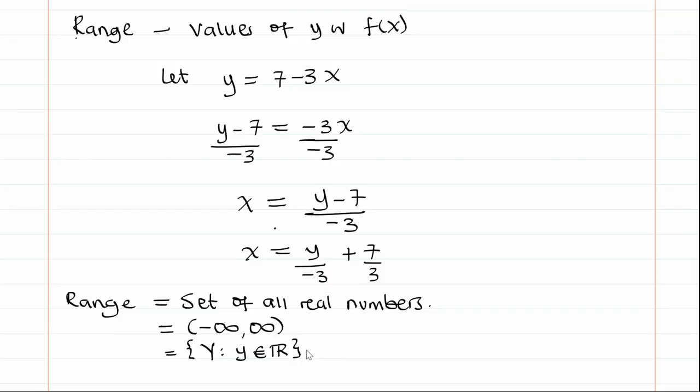So as long as it is linear and it has the two terms, just x and y, both the range and the domain will always be sets of real numbers.